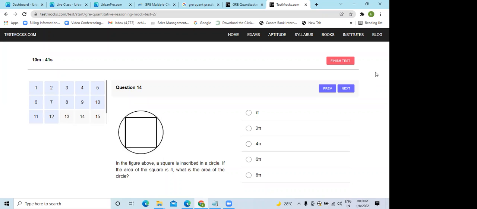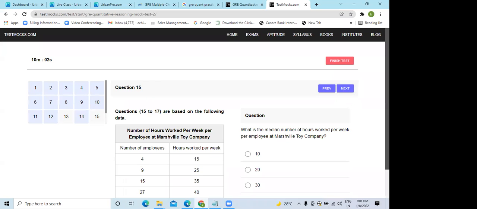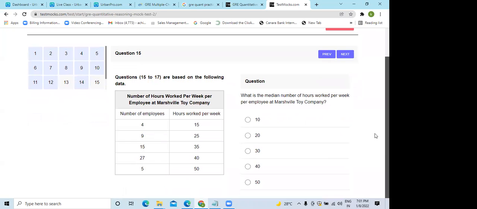Yes. 4 pi, sir. Sorry, 2 pi, 2 pi. It is a median number of hours for 2 pi.